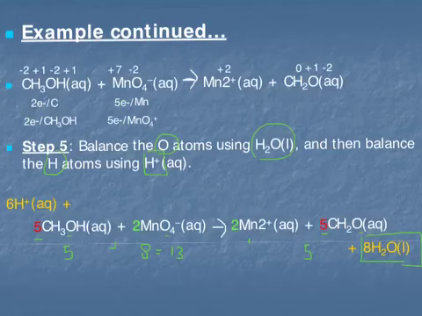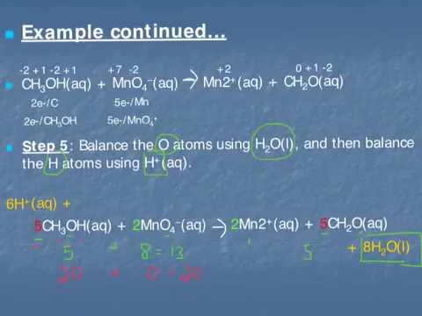We have 5 times 4, or really 20 hydrogens, and there are no hydrogens in permanganate, MnO4, so 20 plus 0 is 20. So on the product side, let's determine the number of hydrogens. Again, there are no hydrogens here.